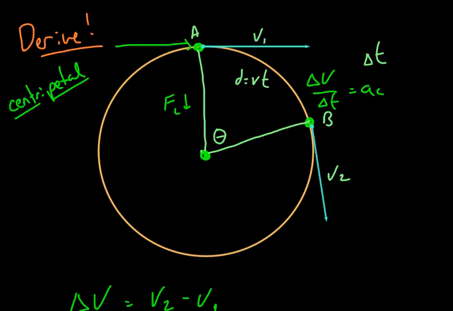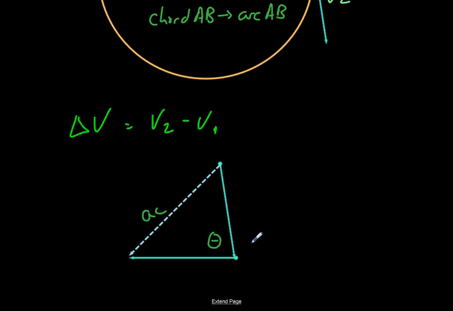If we make a chord across here, and then we decrease this angle, chord AB approaches the same length as arc AB. As this gets smaller, the chord and the arc become essentially the same. So this distance across here is the equivalent of this chord over a small enough angle. Kind of calculusing a little bit.